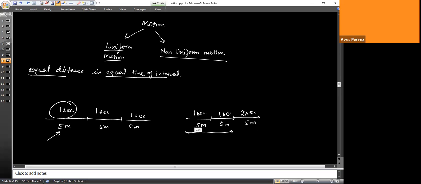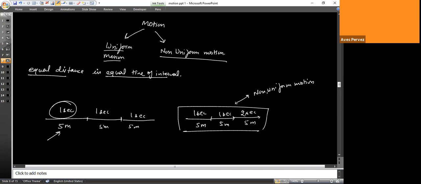Overall, we can say this object is moving with non-uniform speed, as it is not covering equal distance in equal time intervals. Here in 2 seconds this object must cover 10 meters, but instead it only covers 5 meters. So we consider this object to be in non-uniform motion.